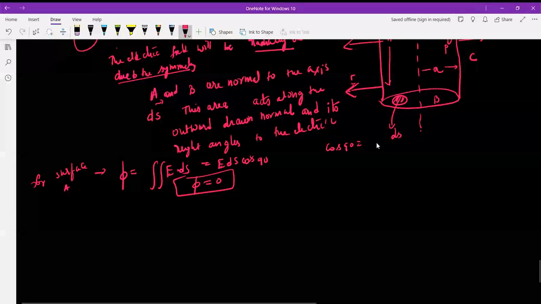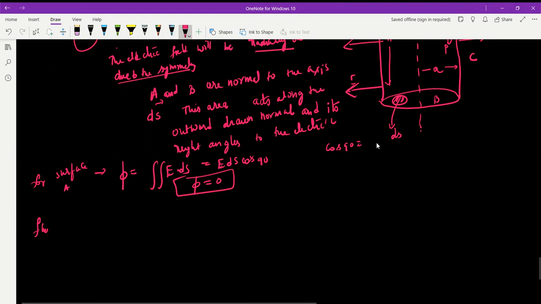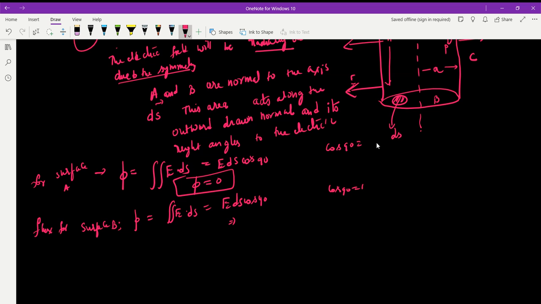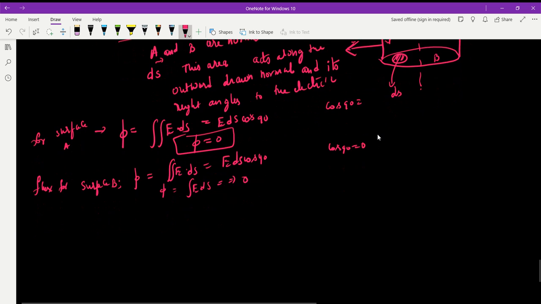Similarly, the flux for surface B: how much will it be? Similarly, phi is the integral of E dot ds, which is E ds cos 90. Because cos 90 is equal to 0, phi is equal to 0 for surface B.